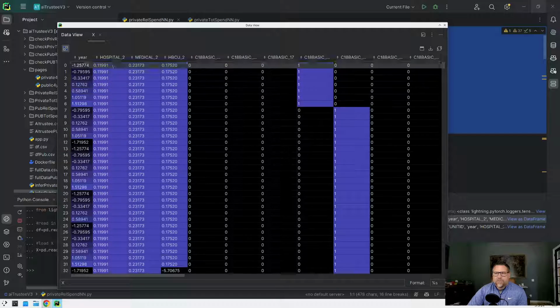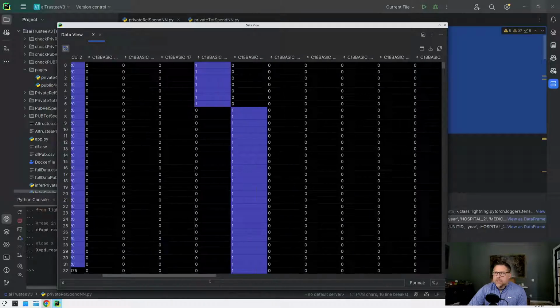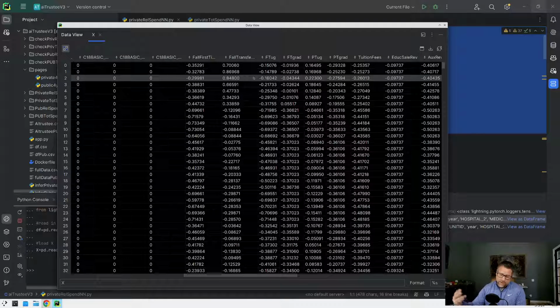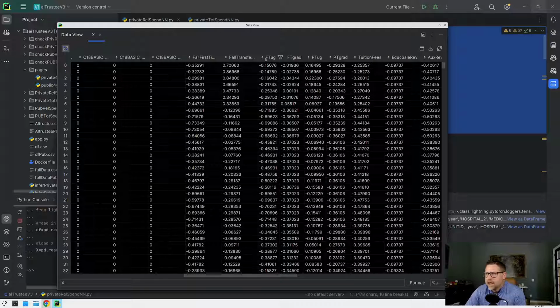I have a variable for whether the school has a hospital, whether it has a medical school, whether it's a historically Black college and university, the Carnegie classification, the number of first-time freshmen, number of transfers. All of these are normalized, by the way. You might look at the numbers here and think, those are weird fractions.